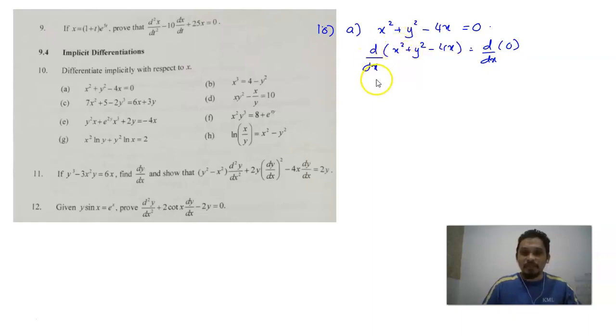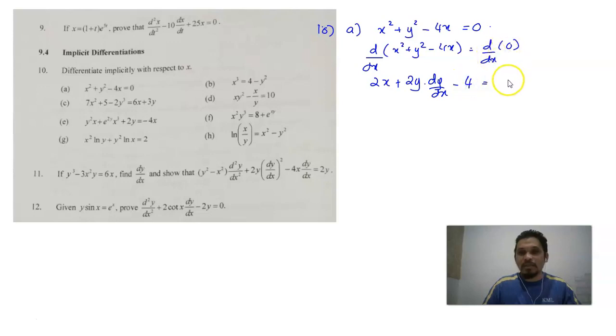For x squared, we differentiate as usual to get 2x. But for y squared with respect to x, we first derive y squared as normal, which gives 2y, but because we differentiate y with respect to x, we write dy/dx. Minus the derivative of 4x gives 4.